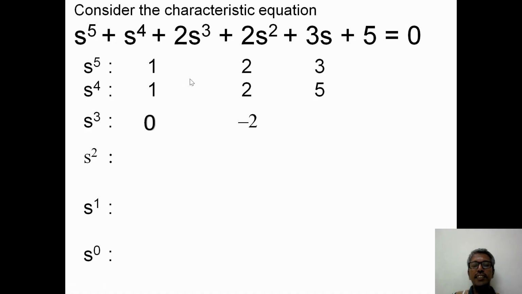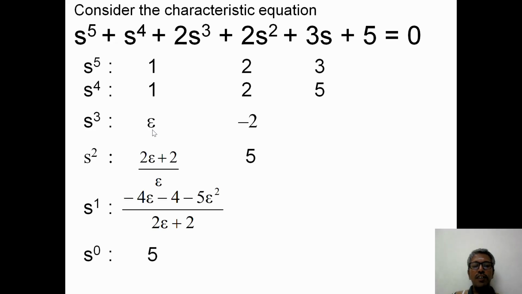In that case, we cannot find the s^2 row because anything divided by 0 becomes infinity. So you have to change the 0 into the symbol epsilon. Change the 0 into epsilon, then proceed with the problem as per the Routh stability formula. So you can find the next rows consecutively.